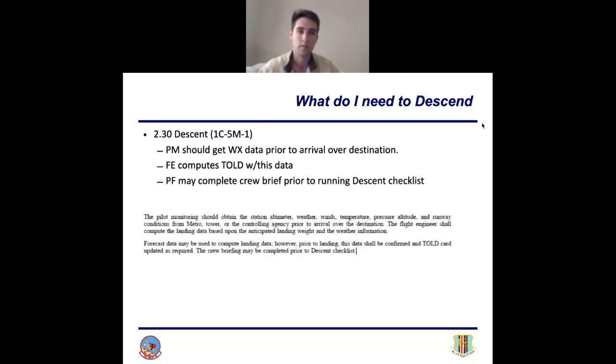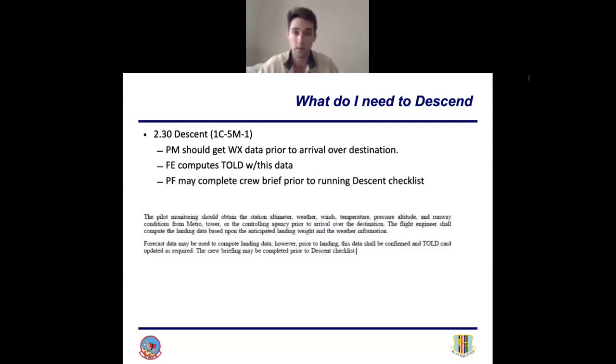So first off, what you need to descend. In the Dash 1, the descent requirements are that the pilot monitoring should get you the weather so that the FE can compute your TOLD with the weather.